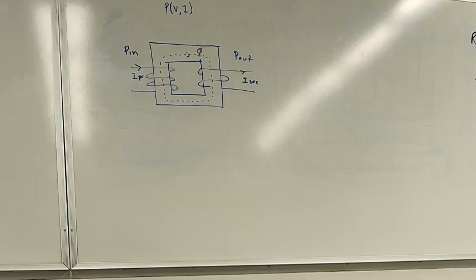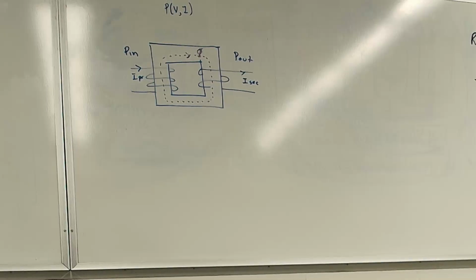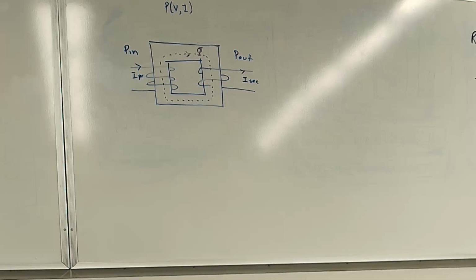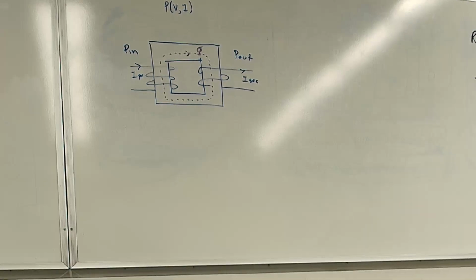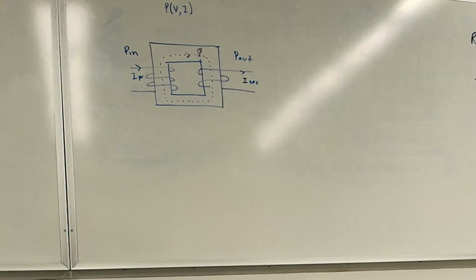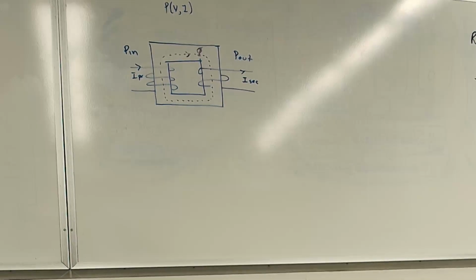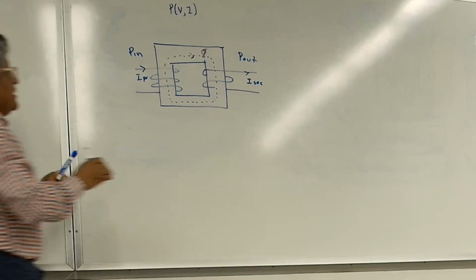The answer is yes. How strong it is? It's not as strong, and I cannot develop as many flux lines as I would if I had a material that is really good in allowing flux lines to develop, right? So air is the worst thing, right? Air doesn't allow flux lines to travel very easily.